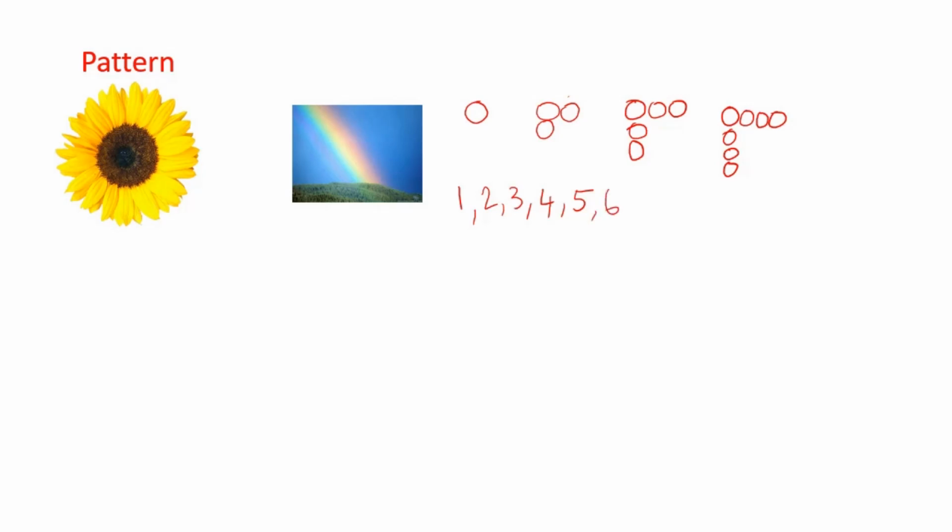If I write 1, 3, 5, 7, there is a pattern in that also. After 7 naturally 9 will come. These are odd numbers. So you identified the pattern.